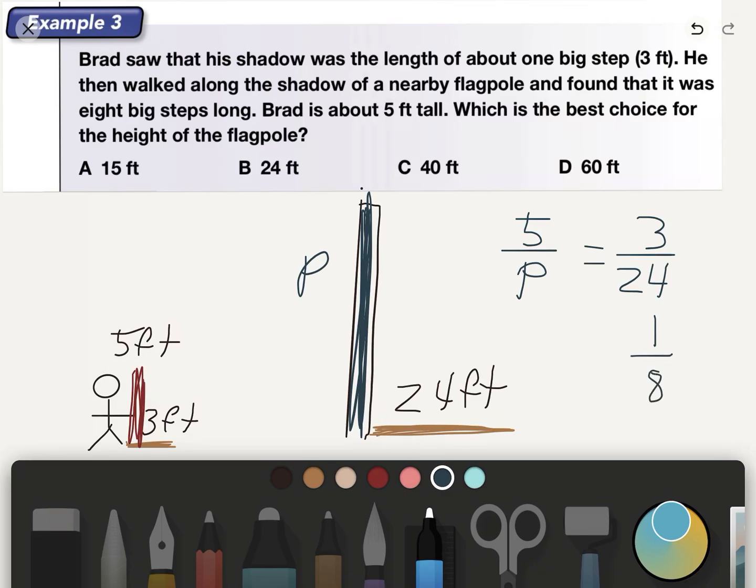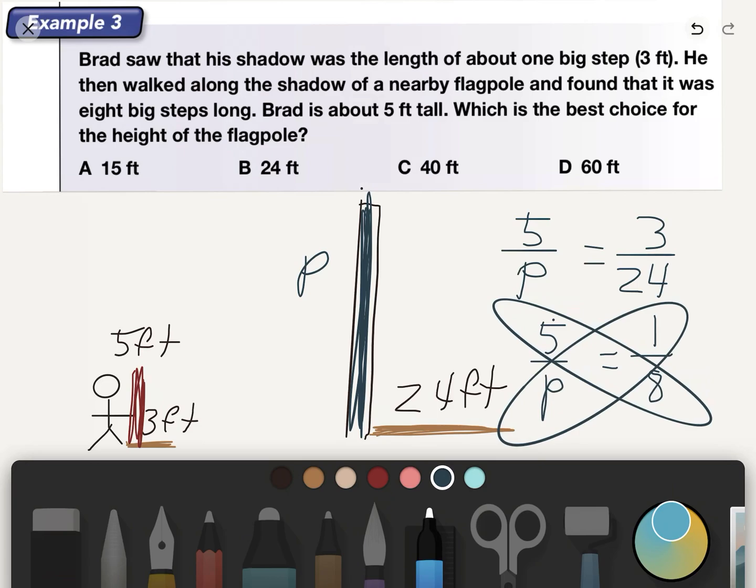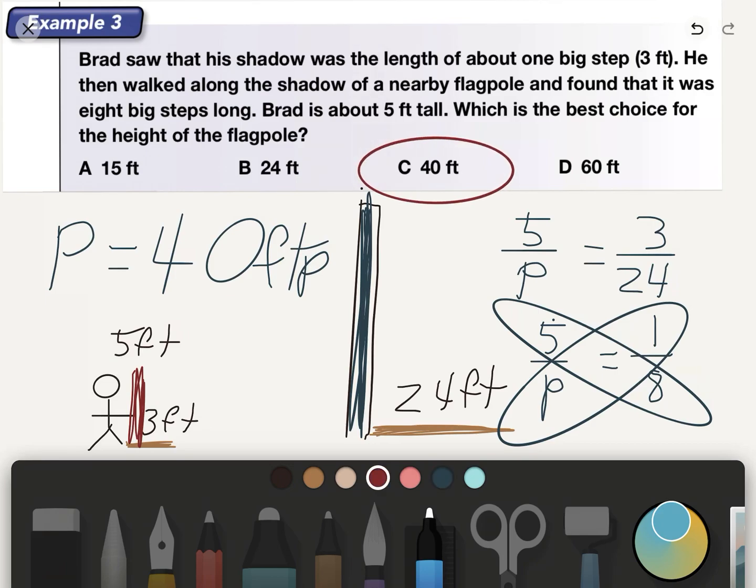We can immediately break this down to 1/8. Then do a little cross multiplying goodness. And that will end up getting us p equals 40 feet. Getting us our answer.